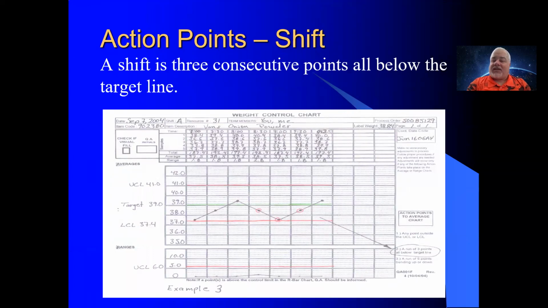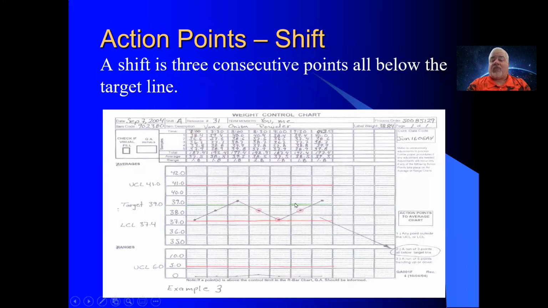A shift. I did not describe that to you before because I wanted you to see it in an actual control chart. Oh yeah, here you can see the green. A shift is 3 consecutive points all below the target line. Now, technically, it could be above the target line as well, but for McCormick, they didn't worry about 3 consecutive points above because those are not going to be a legal issue.